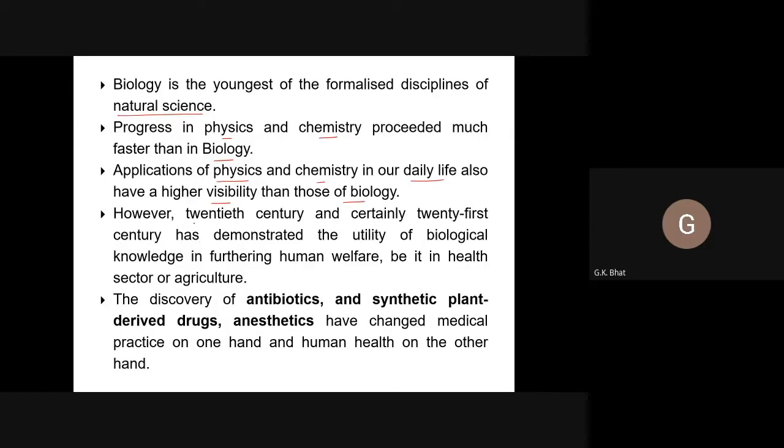However, the 20th century and certainly the 21st century has demonstrated the utility of biological knowledge in furthering human welfare, be it in the field of health or agriculture. The discovery of antibiotics and synthetic plant-derived drugs, anesthetics, have changed medical practice on one end and human health on the other.